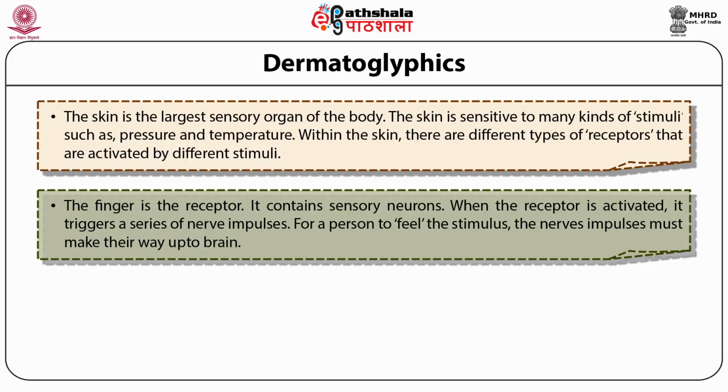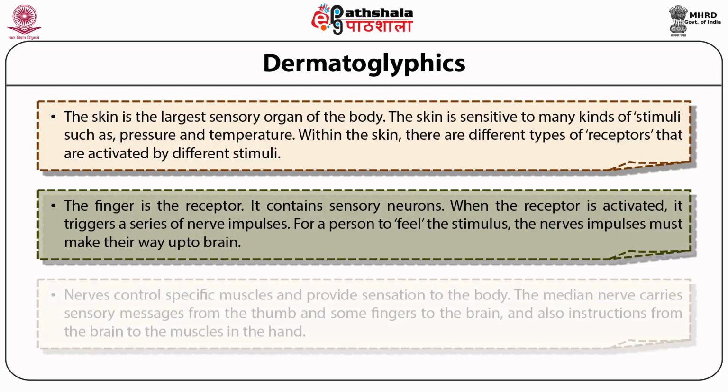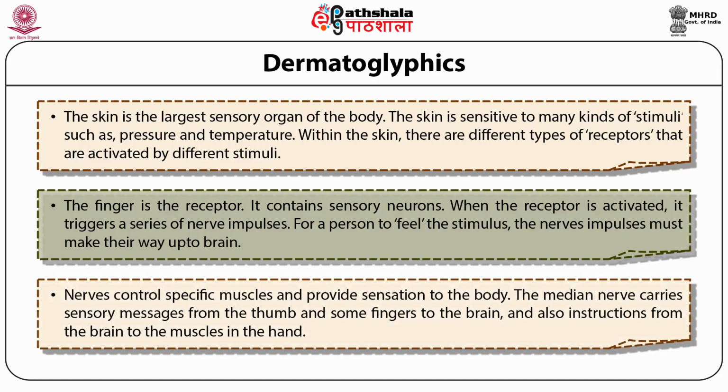For a person to feel the stimulus, the nerve impulses must make their way up to the brain. Nerves control specific muscles and provide sensation to the body. The median nerve carries sensory messages from the thumb and some fingers to the brain, and also instructions from the brain to the muscles in the hand.